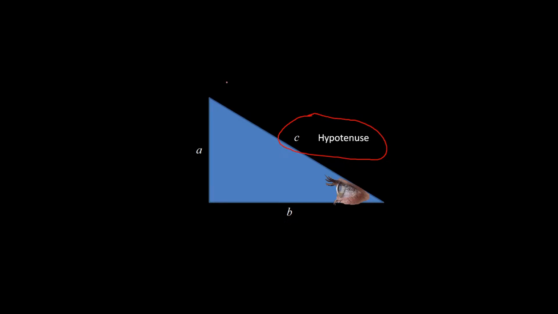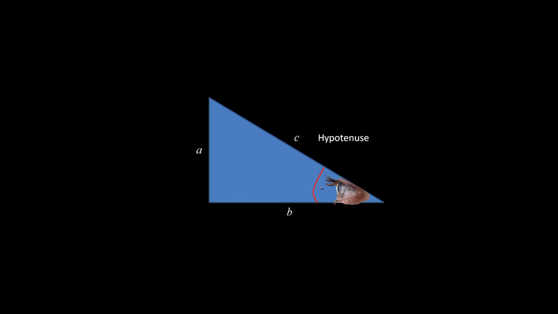The hypotenuse is always the longest leg. The longest leg is always the hypotenuse. That never changes. What changes is what we call A and B. And what we call A and B depends on which angle you choose.